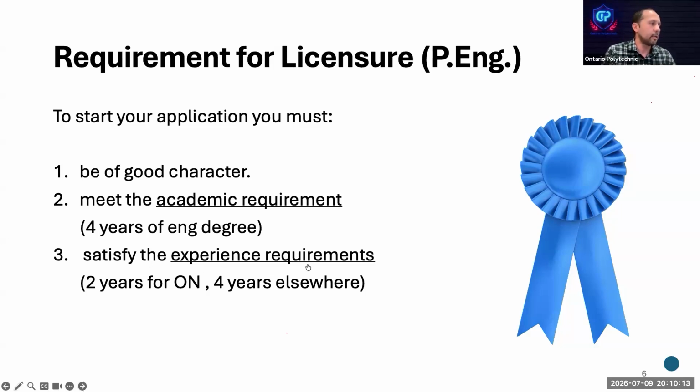Then you must satisfy the experience requirement. This used to be 4 years for all the provinces, but since July 1st, Ontario dropped it from 4 to 2. So if you apply through PEO in Ontario, you only have to prove 2 years of work experience as an engineer, which helps a lot of applicants.